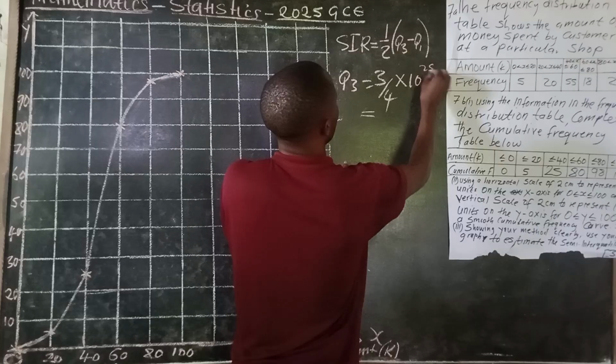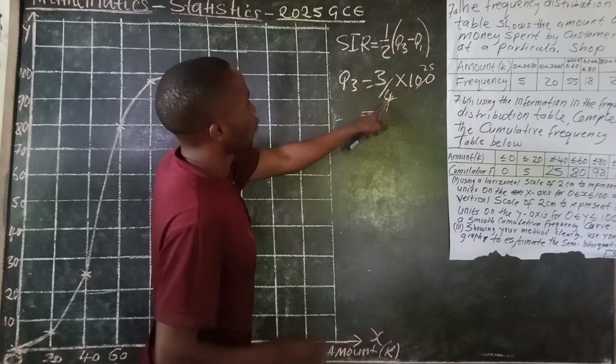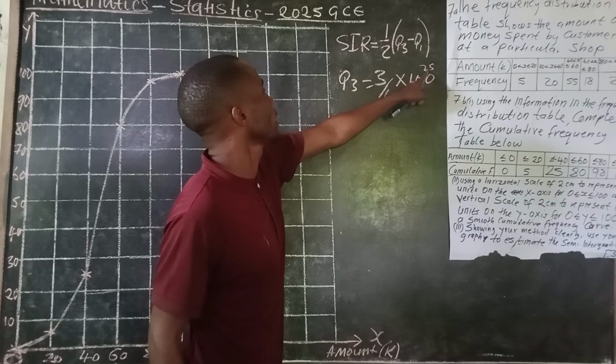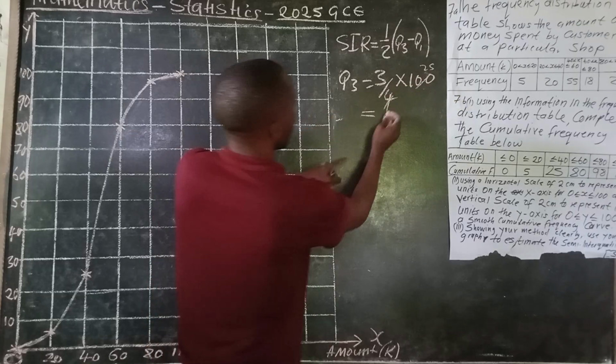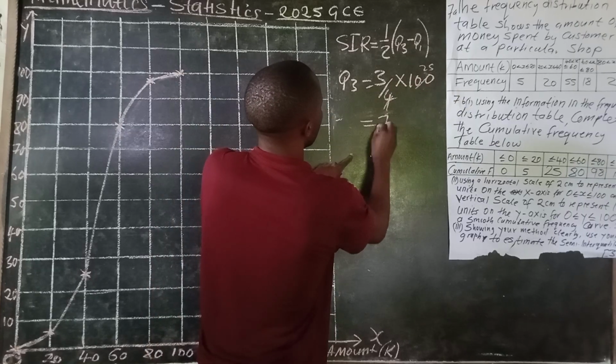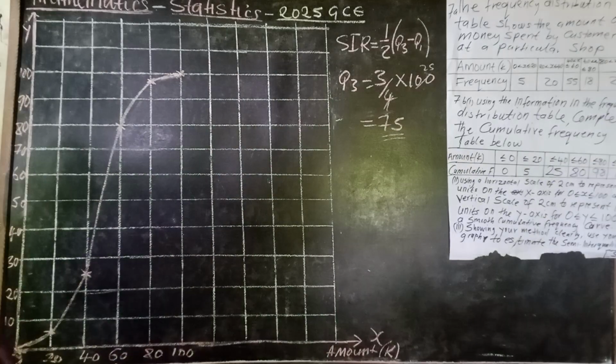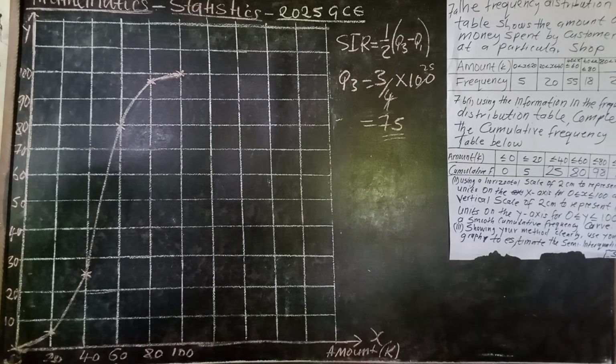It's 25, because 4 into 4 is 1, then 4 into 100 is 25. Then 25 times 3, the answer is 75. So meaning the upper quartile is 75, on this line.